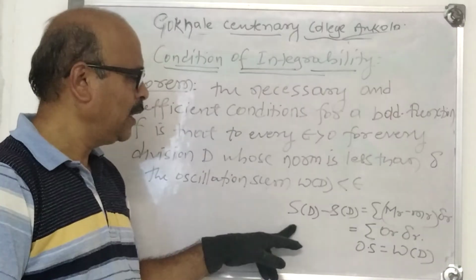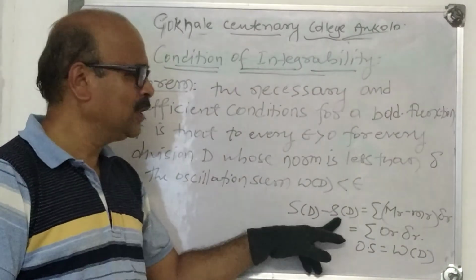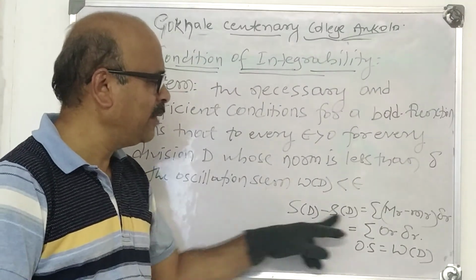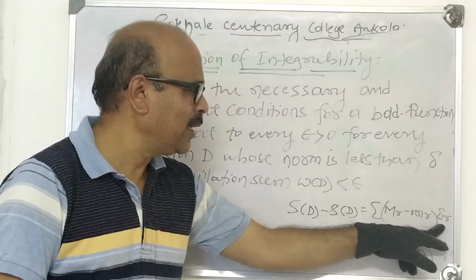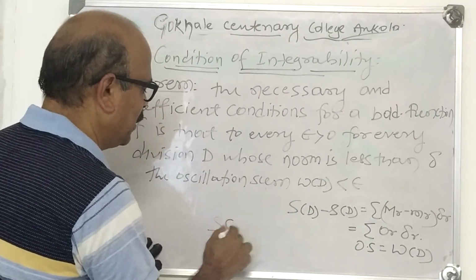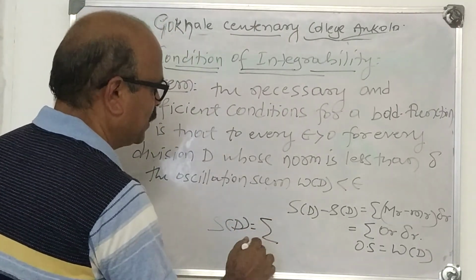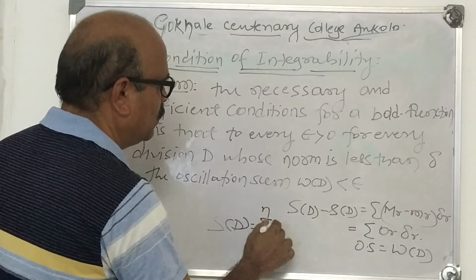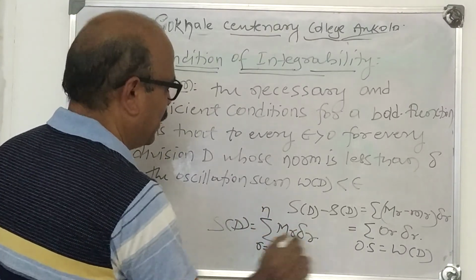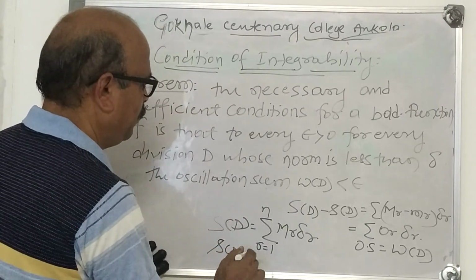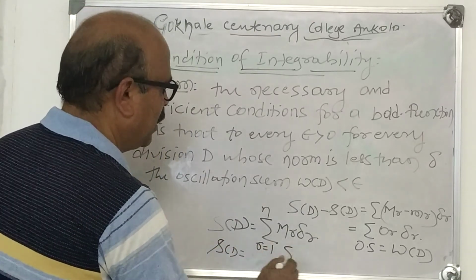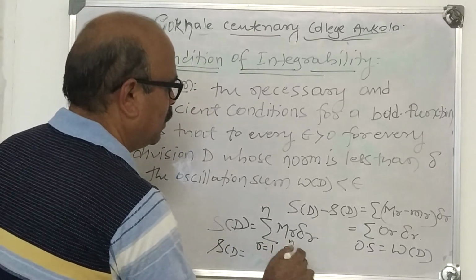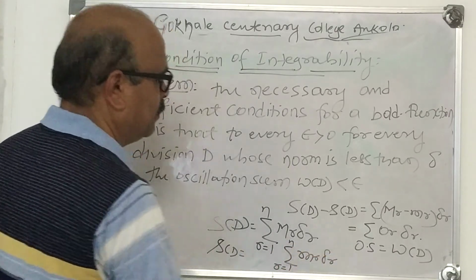You know what S(D) is: upper sums. Small s(D) is lower sums. Capital S(D) is the sum from r = 1 to n of capital M r delta r. Small s(D) is the sum from r = 1 to n of small m r delta r.